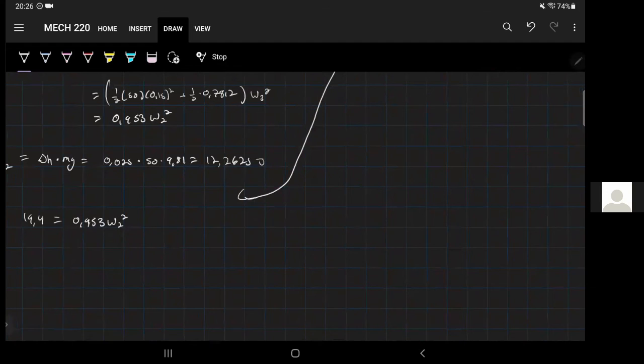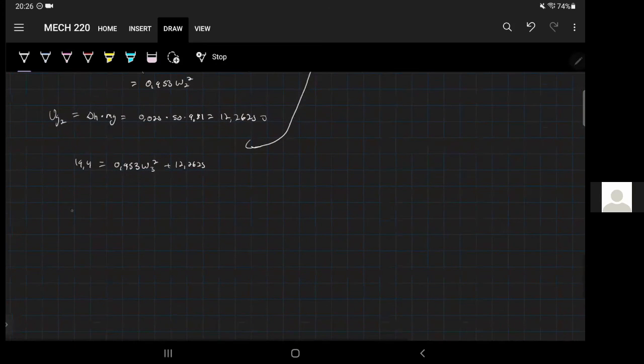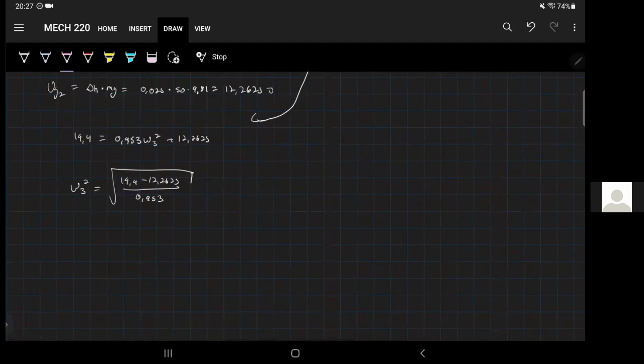Sorry, that's not 2, it's 3 now. Plus 12.2625. All right, then it means that I have 19.4 minus 12.2625 over 0.953. So I'm just bringing this one on this side and dividing like this, and then doing the square root.